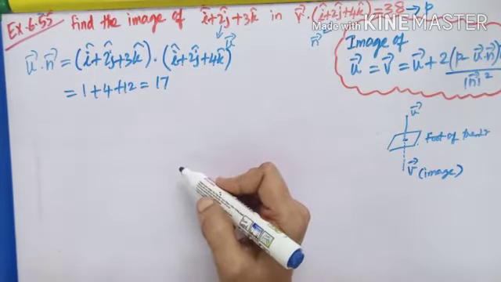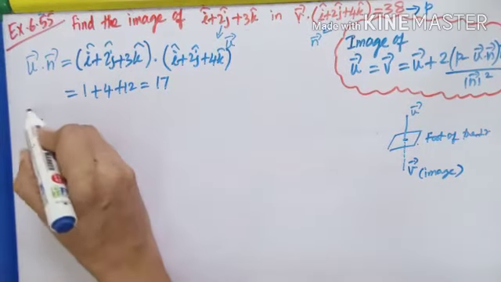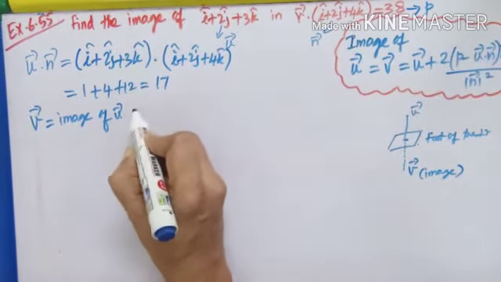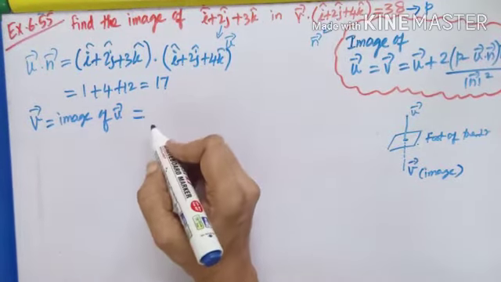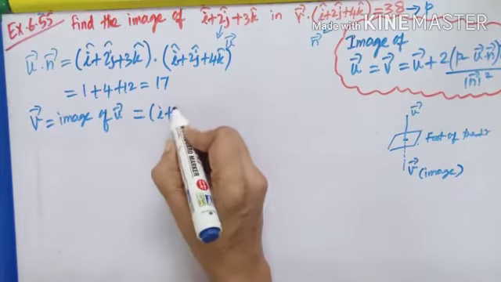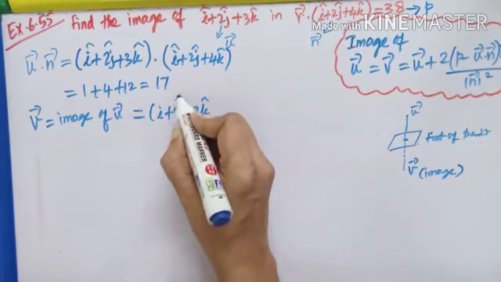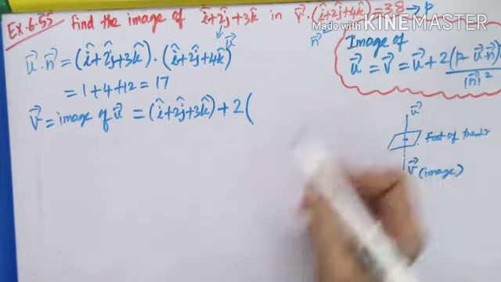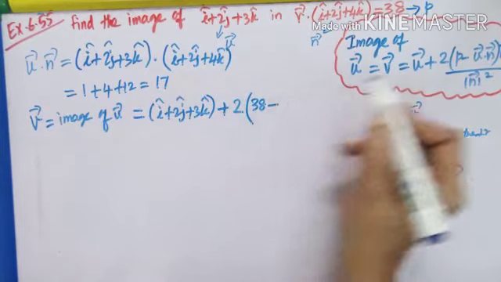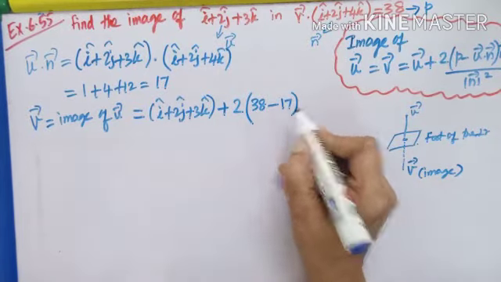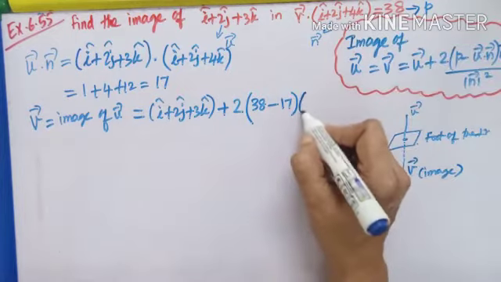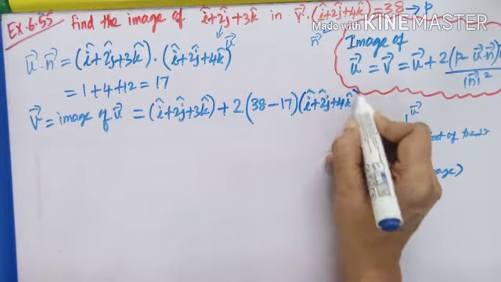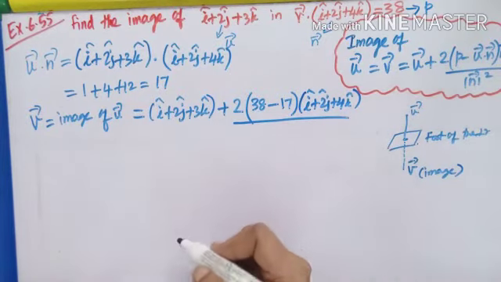Now I want to find out v vector, the image of u vector, equals u, which is i plus 2j plus 3k, plus twice (p minus u dot n). p is 38, u dot n is 17, into n vector. n vector is i plus 2j plus 4k divided by mod n square.